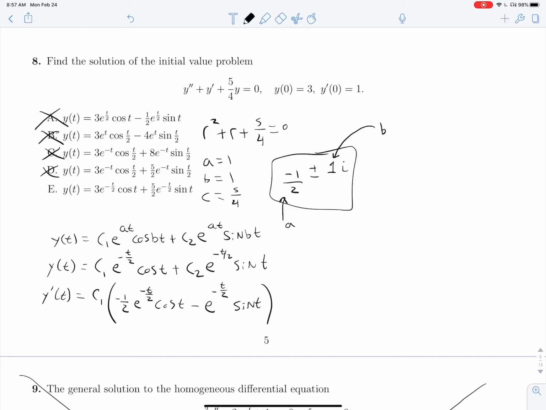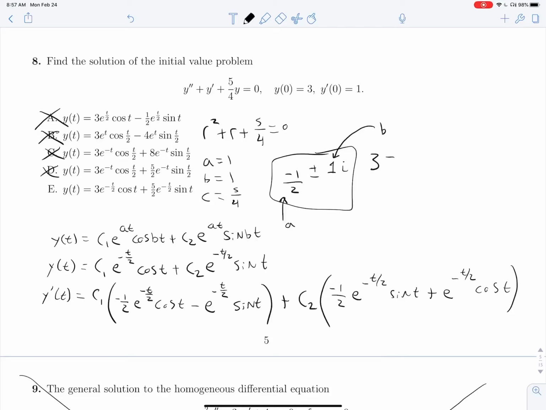Okay, and then second half plus c2 times negative 1 over 2 e to the negative t over 2 sine t plus e to the negative t over 2 cosine t. Okay, my God.